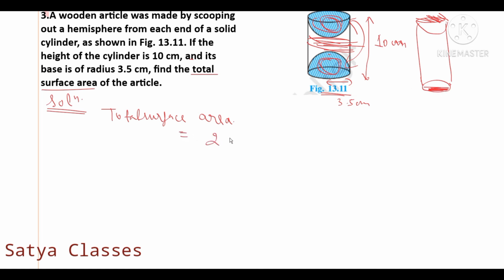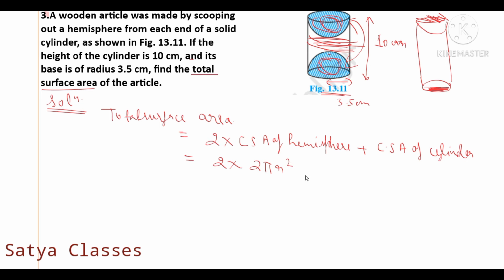So let's write it as 2 into CSA of hemisphere, then thereafter plus CSA of cylinder. Write the formula: 2 into 2 pi r square plus 2 pi r into h.